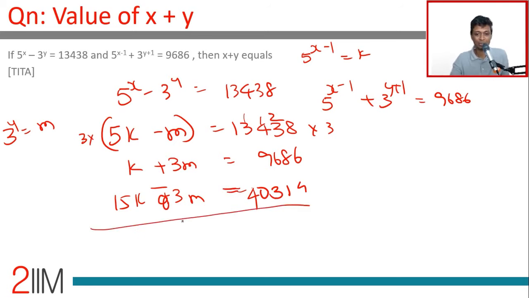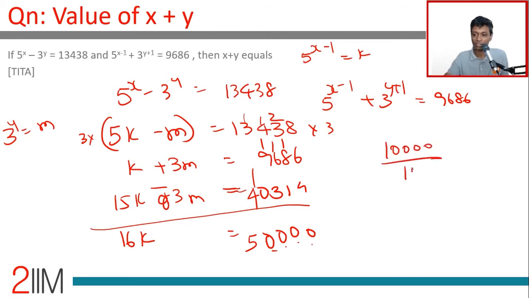Now we add these two, and we'll get 16k equals 50,000. 16k is 50,000. We can divide this by 16 wonderfully.